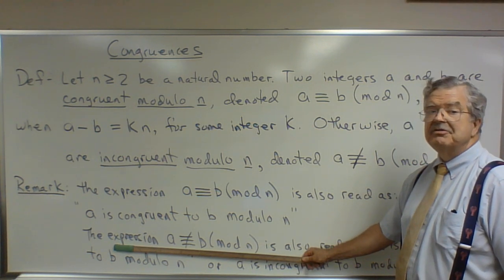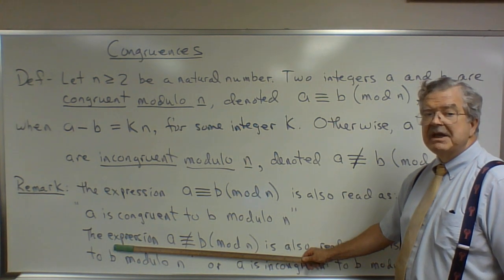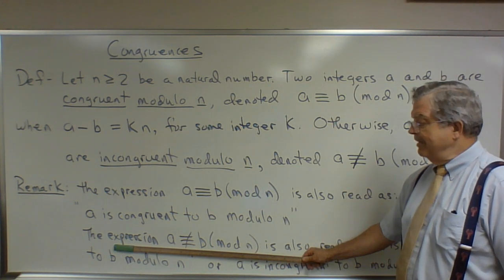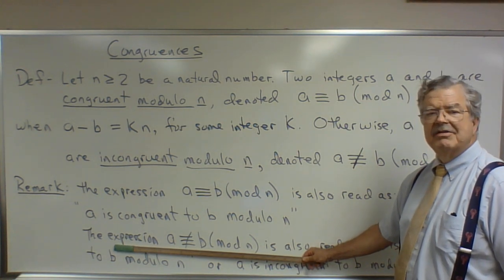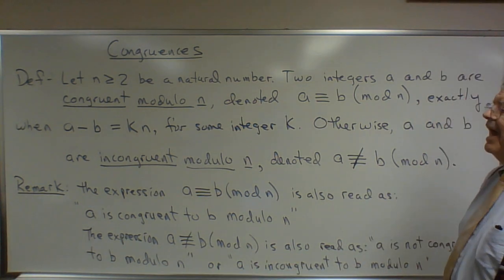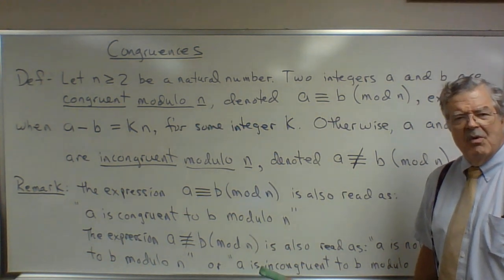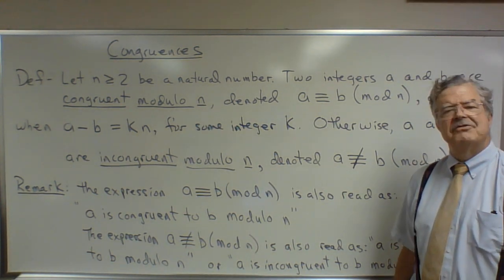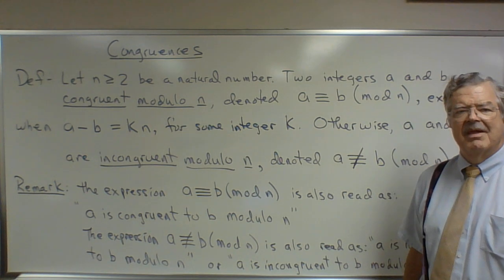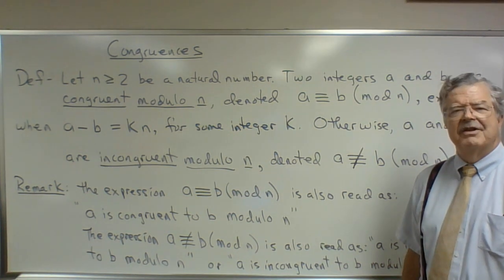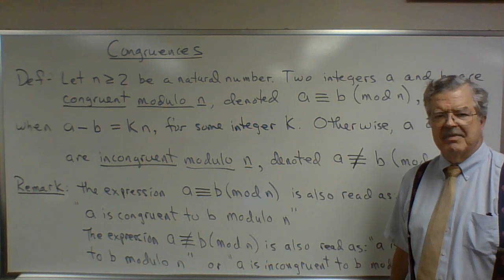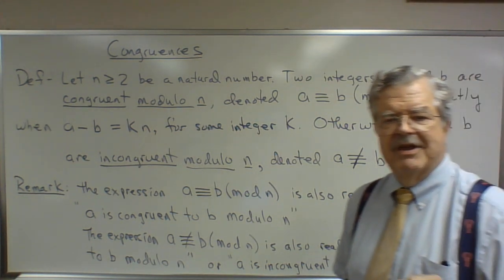We can also say a and b are incongruent modulo n. Different ways of saying the same thing. And there's one more thing that has to do with how we write things and how we say them. And I'll get to that in just a second.